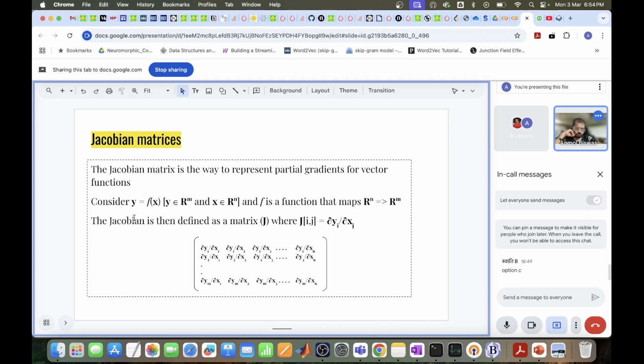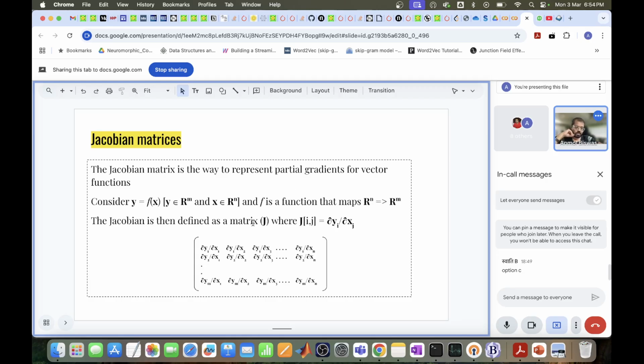The Jacobian is that, but expanded to multi-dimensional maps, where y belongs to R^m and x belongs to R^n, and f is a function that maps from R^n to R^m, right?